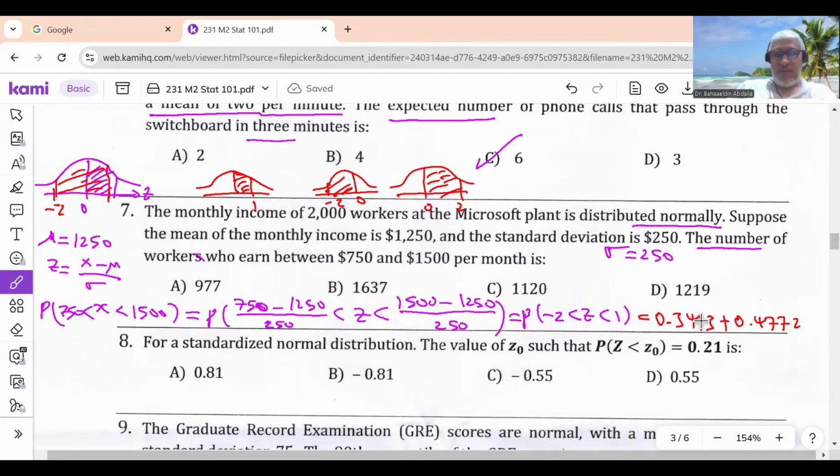Now, if you add these two numbers by the calculator, 0.3413 plus 0.4772, you will find the probability is 0.8185.